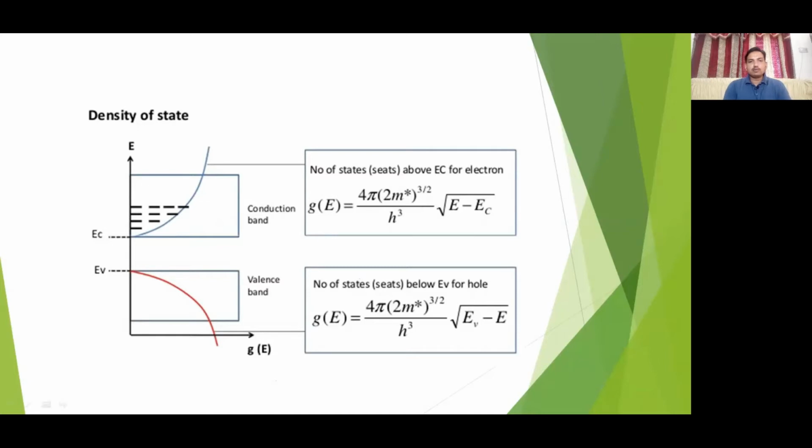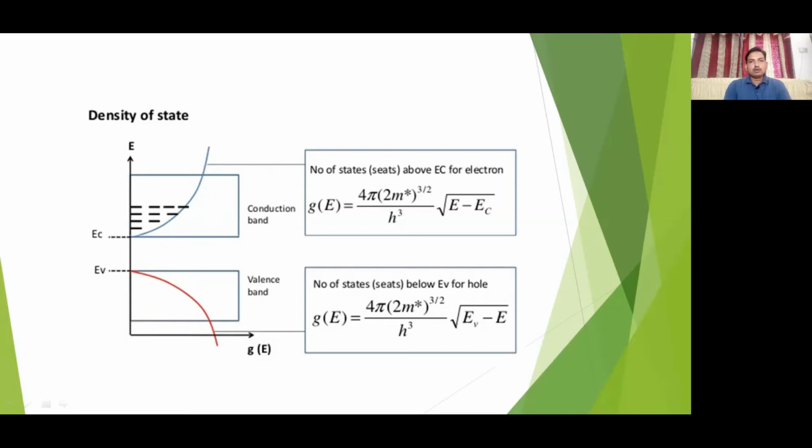A better description of the variation of density of states for both electrons and holes is represented over there. This is the top of the valence band, EV. This is the bottom of the conduction band, EC. Both densities of states depend upon the square root of E minus EC and EV minus E. This difference depends upon which one is greater. EV is greater in the valence band, and E is greater in the conduction band for the electrons.